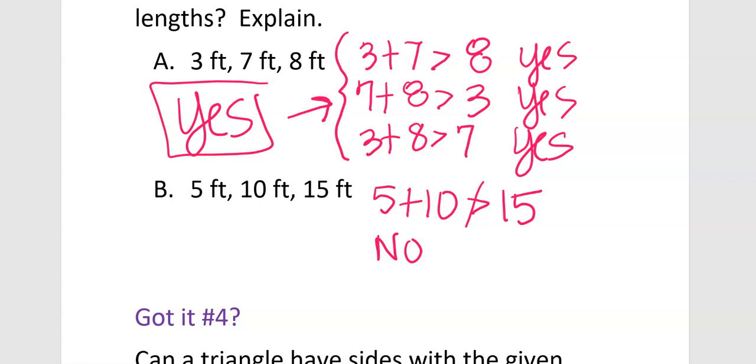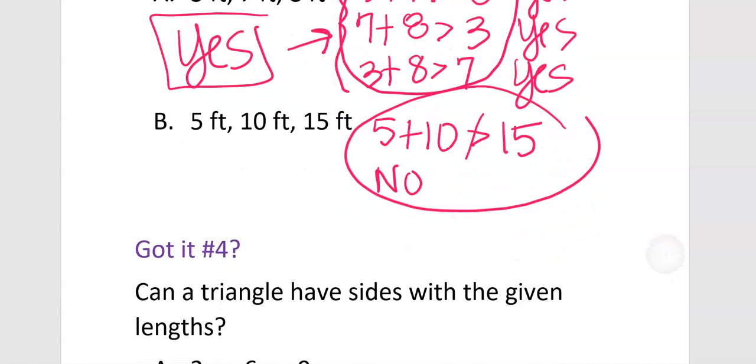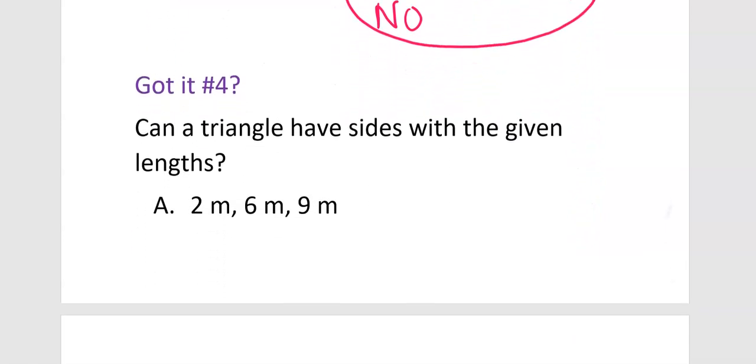What if you didn't find that one until the second one or the third one? Doesn't matter. Whenever you see one that is false, the whole thing does not make sense. They would just basically not meet. Here's a got it question.